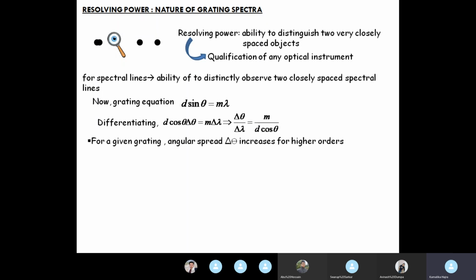Now, for a given grating, the angular spread delta theta therefore increases for higher orders. Higher the value of m, greater will be delta theta for a given lambda and d. All right. So the lines will be more separated as you go towards the higher orders.